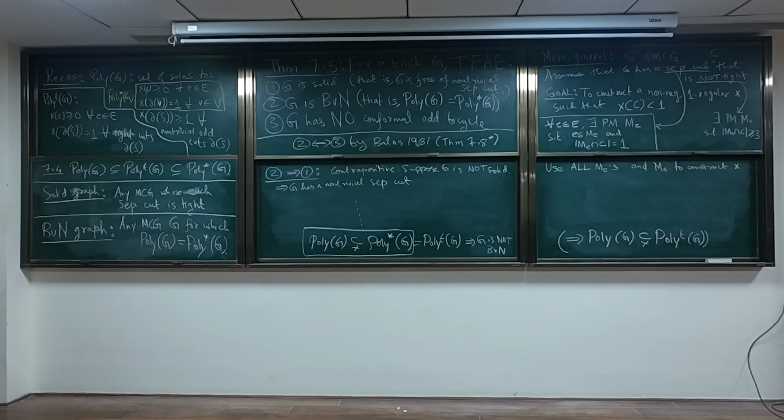Think about that. One-regular means, in particular, that for every vertex the sum has to be equal to 1. Of course, also for tight cuts. But if you just think about the sum being 1 for each vertex, how will that happen? That will happen only if these are incidence vectors of perfect matchings. So it is alpha 1 times one perfect matching plus alpha 2 times another, and so on.